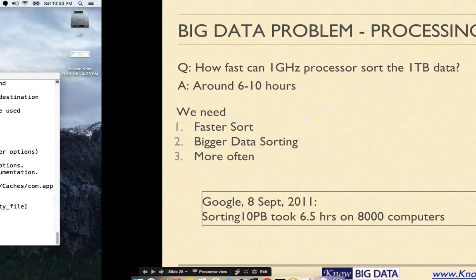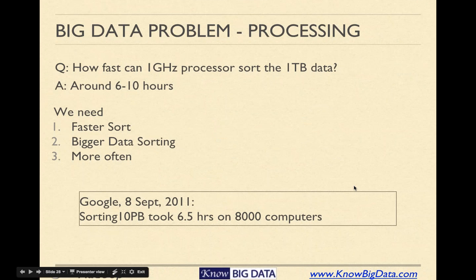In cases like select star from a table where name equals this, we are essentially looking up into the index. An index is prepared by sorting the data. So sorting is relevant when I use the select clause.